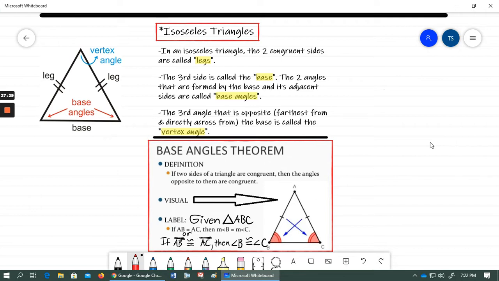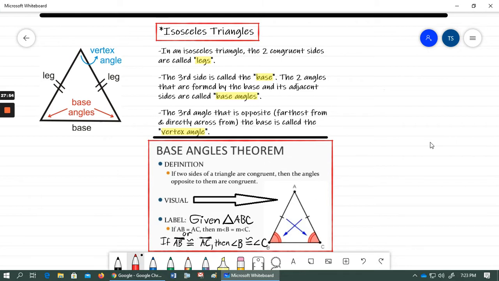And what the base angles theorem says is this: if two sides of a triangle are congruent, well, what do they mean by that? We know the only type of triangle that has two sides that are congruent, the only type of triangle they could be talking about, is isosceles, right?